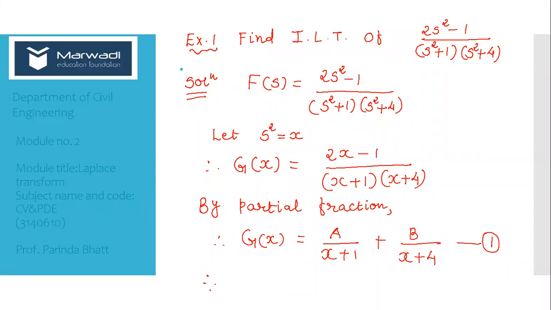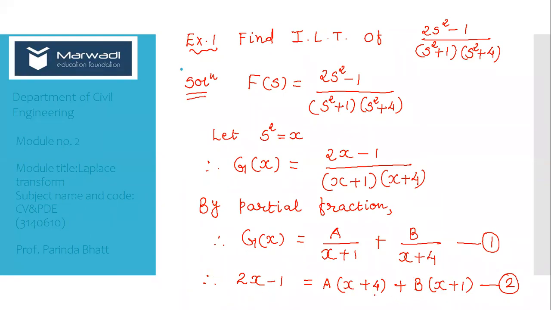Now we take the LCM. Here the numerator is 2x minus 1 equals a into x plus 4 plus b into x plus 1.